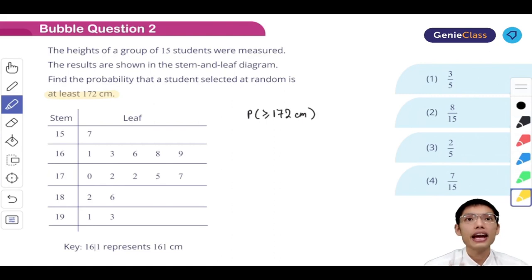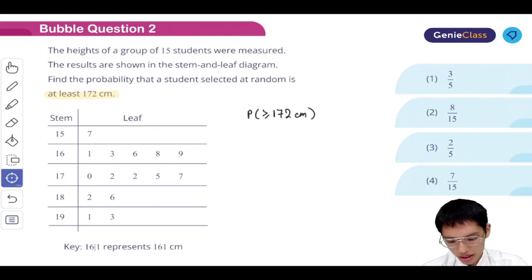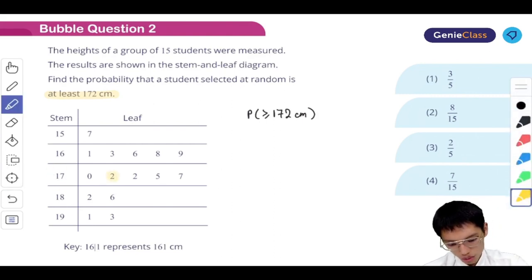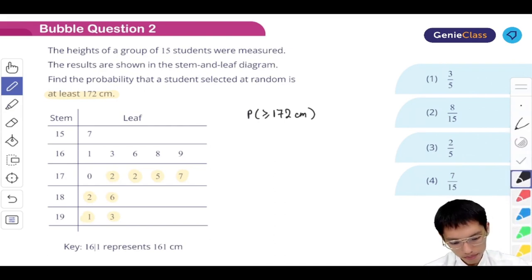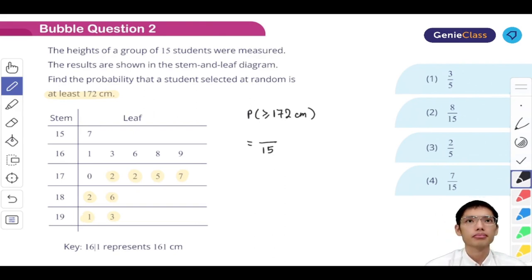Therefore, the values I consider are 172, 172, 175, and 7, and the rest as well. Once we consider these numbers, the total number, you realize all of them, it's 15 at the bottom. How many of them do I have at the top? 8 of them. So that's my answer.